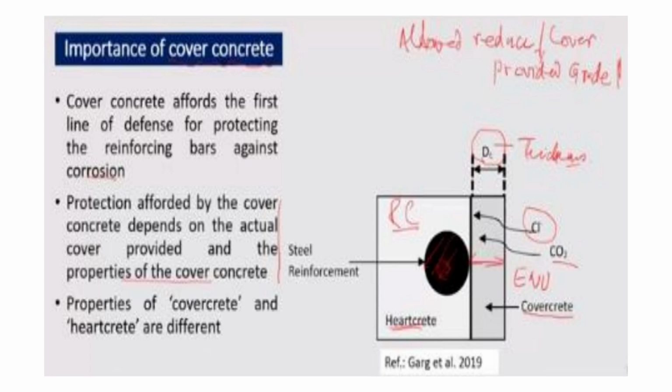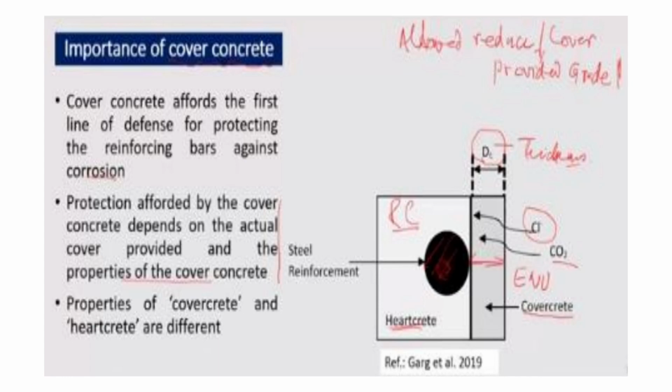So why is the cover concrete important? The cover concrete, that is the cover grit, affords the first line of defense for protecting the reinforcing bars against corrosion. So protection afforded by the cover concrete depends on the actual cover provided and the properties of the cover concrete. The properties of cover grit and hard grit are very different.